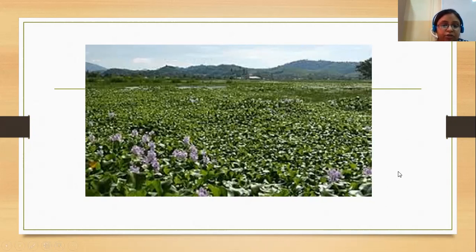It is now causing an economic loss to India. Fine, because now these beautiful flowers, which we originally introduced into India for their beauty, have become a major cause of the water pollution of our rivers, of our lakes, of our ponds. Fine.